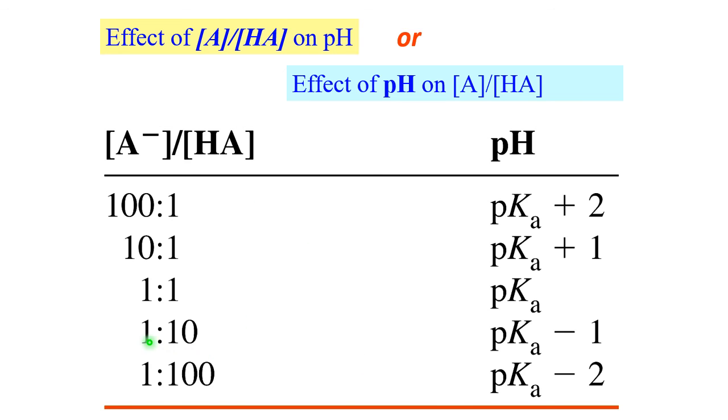In the opposite direction, if I have 10 times more acid than base, I'll have pKa minus 1. 100 times more acid than base, pKa minus 2. A very convenient table just to see what happens to our system with pH.